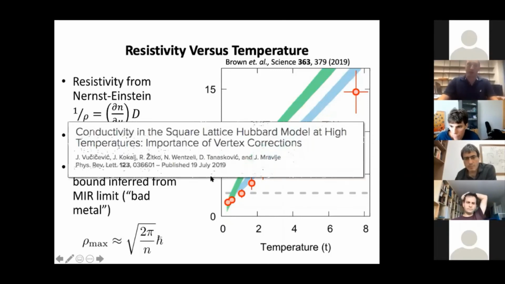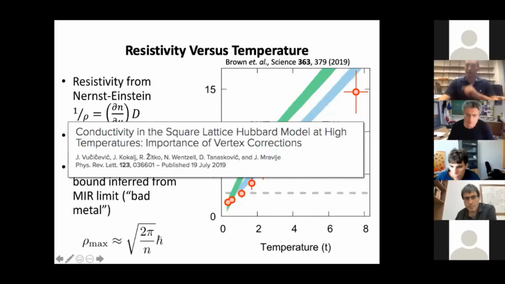Can I have a question? Did you measure the slope as a function of temperature? Yeah, and what do you get from the slope? It agrees pretty well with what you would expect from these Planckian models, where the resistivity is purely set by the temperature.